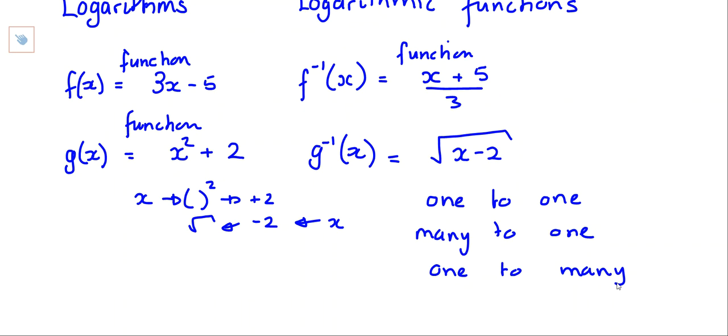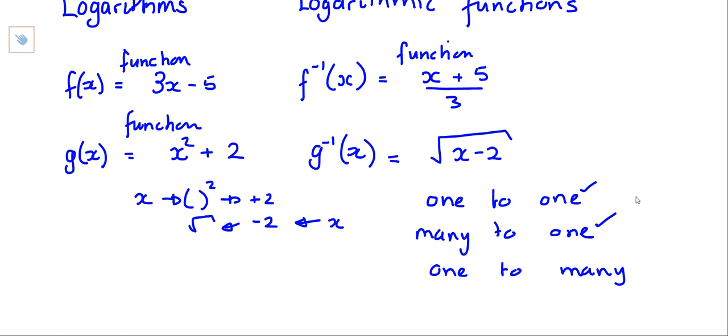However, if I've got a quadratic function with a curve, if x is minus 2 or x is 2, they give the same answer, because 2 squared is 4, and minus 2 squared is 4. So that would be a many-to-one situation, and that's fine. Many-to-one is a function.